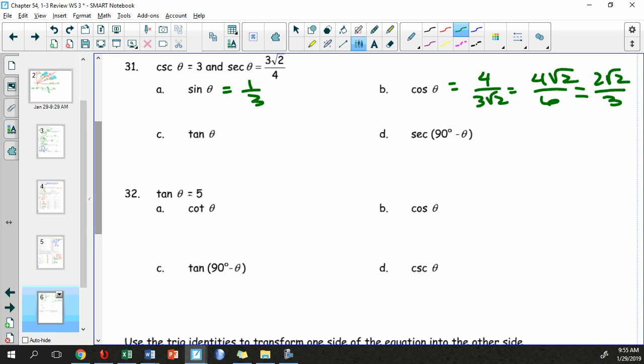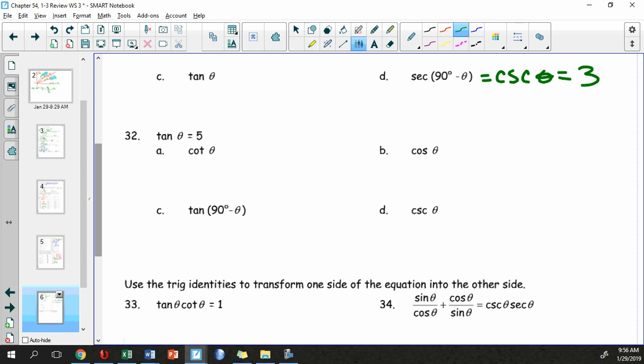Your formula sheet says that the secant of 90 minus theta is equal to the cosecant of theta. So what's that going to be? 3. It's given, right? Okay, now I'm going to come over here to 32.